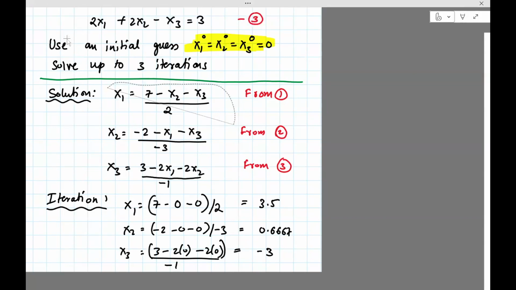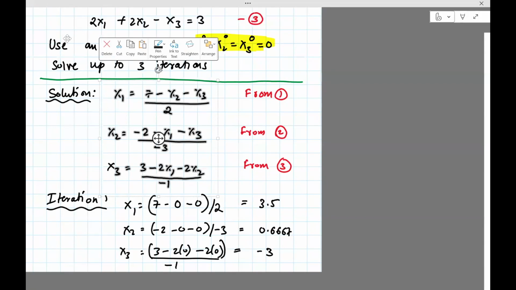I'm using this on a new page, so it makes more sense to just take it there. I'm going to do iteration 2 now.